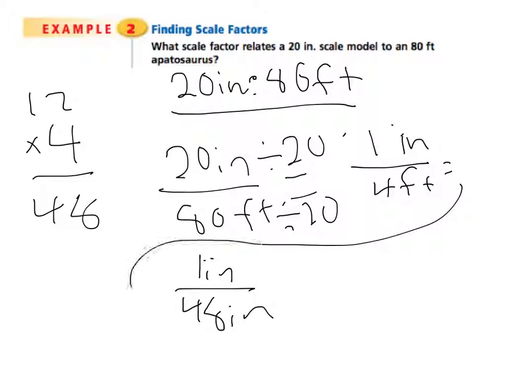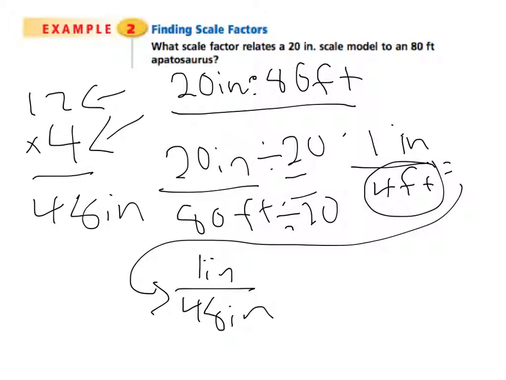Okay, so what we did here is we converted 4 feet times 12 to get 48 inches. So it's 1 inch over 48 inches. And so the scale factor is 1 over 48. Okay, or we can say 1 to 48.